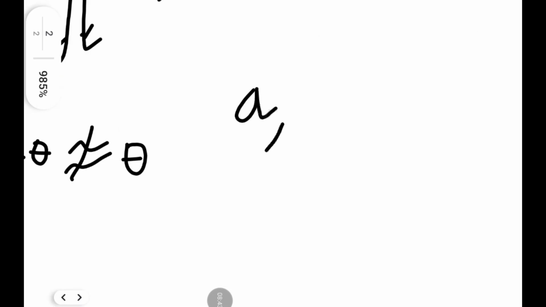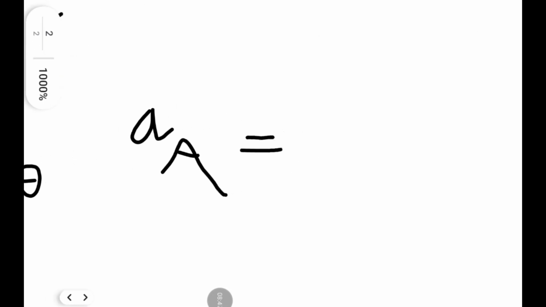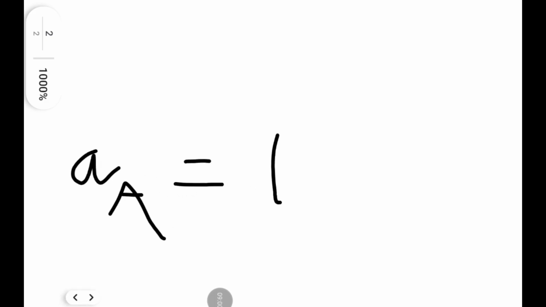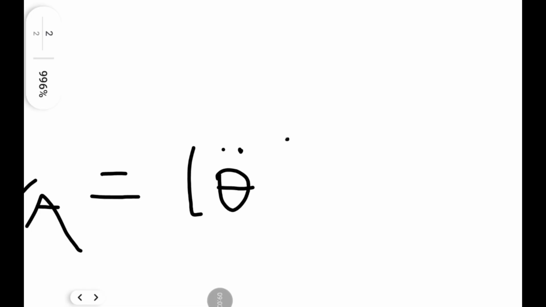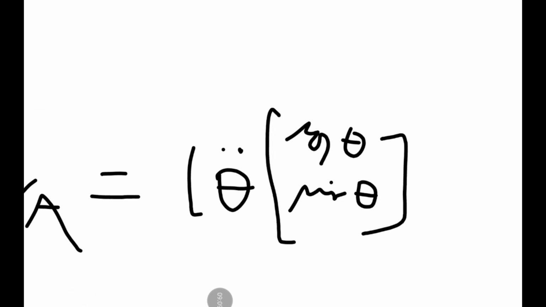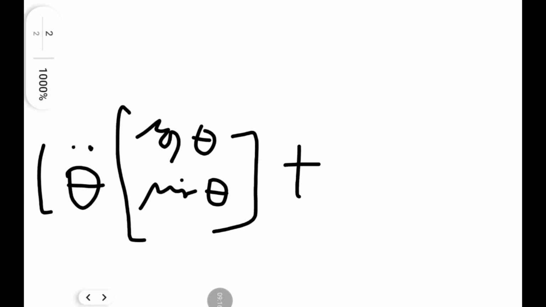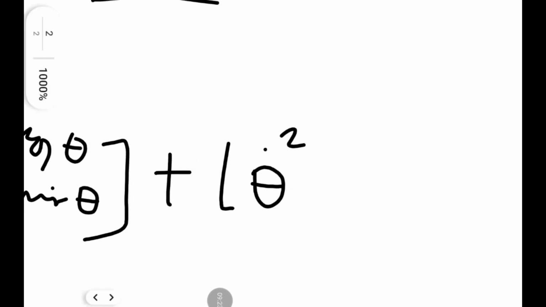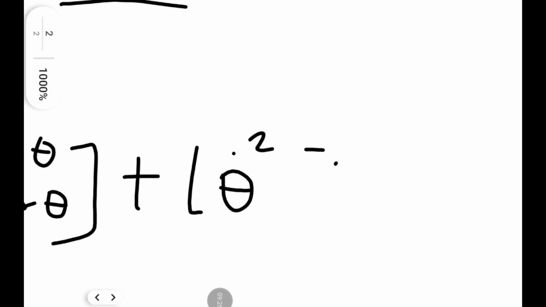So acceleration of point A is equal to, let's do it a bit lower to make it simpler, L theta double dot, cosine of theta, sine of theta, and then plus, you take the factor of theta dot out, and you get L theta dot squared, and then inside there, remember, it's negative sine theta, and then cosine of theta.